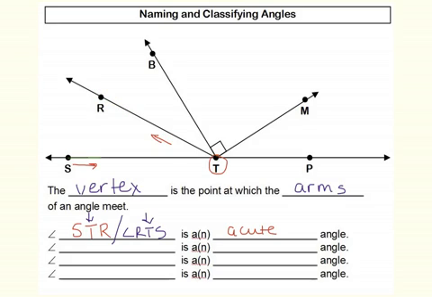Okay, let's try and find an obtuse one. And I see one right here. I'm going to start tracing this one and there. So I can come back over here and write, and notice which way I started. That angle MTR is obtuse.